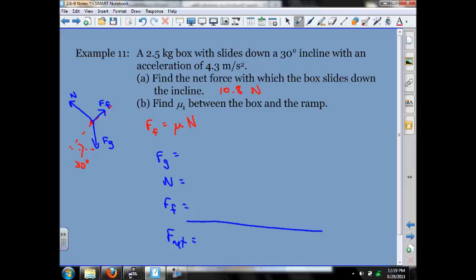We said there's a net force this time, right? I actually already found it, 10.8 newtons. How are we going to do that? Obviously, the zeros are going to be the same as the last one, right? Normal force has an x of 0. Frictional force has a y of 0.